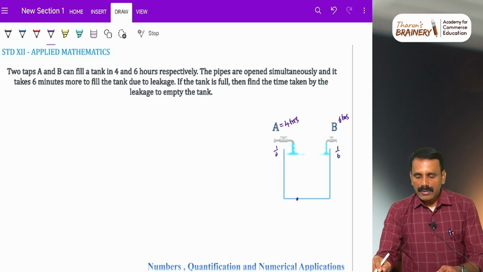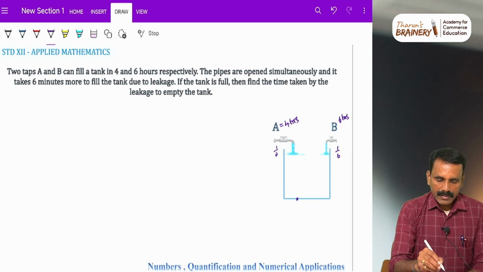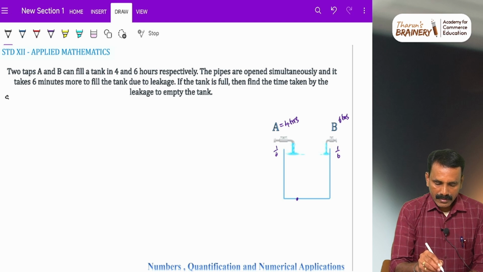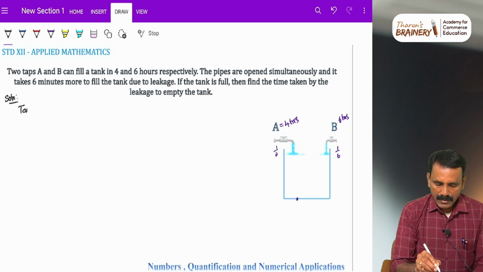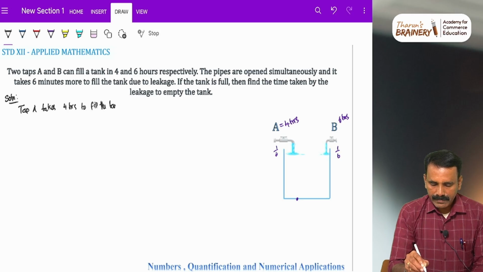Okay. So, we try to solve the problem with the given data. They are given tap A takes 4 hours to fill the tank. Tap B takes 6 hours to fill the tank.